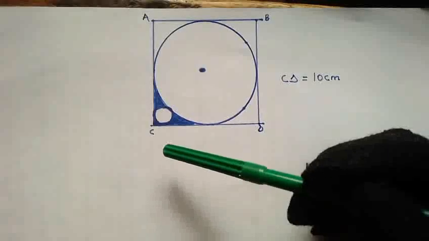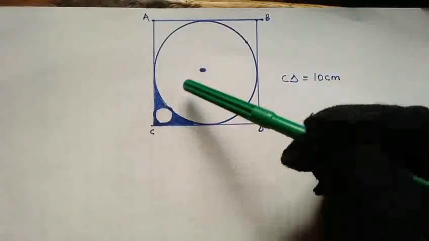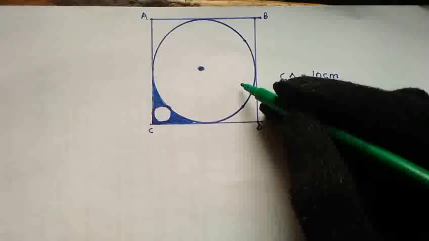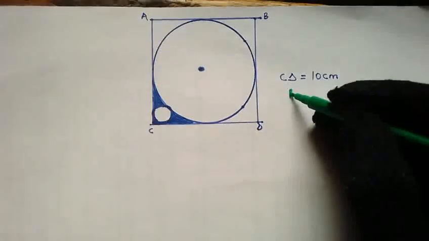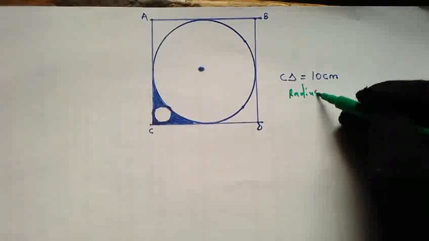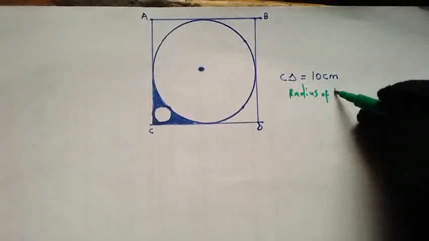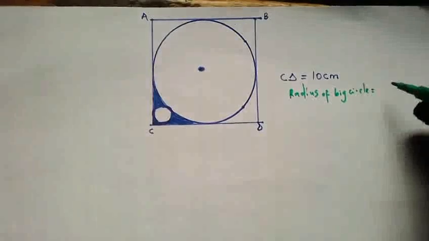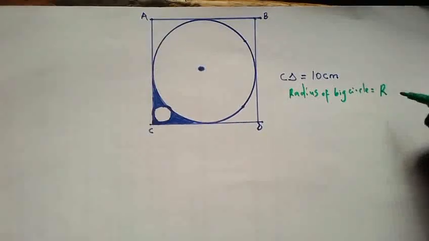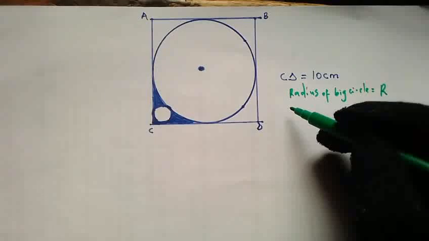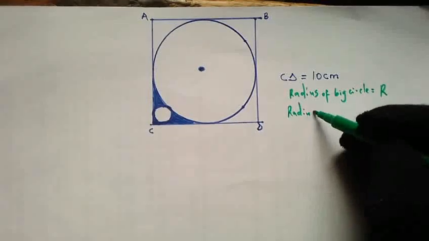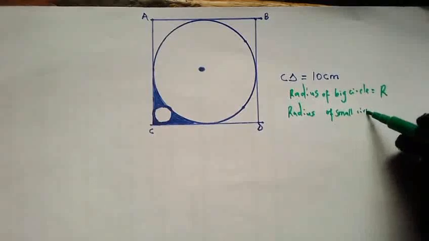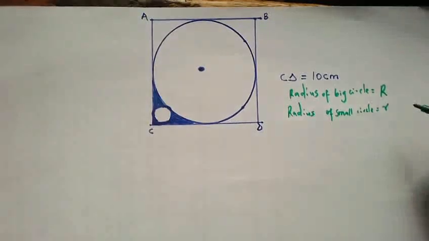Okay, now let's draw a line that will connect the small radius to the big radius. Let us denote the radius of the big circle by capital R, and the radius of the small circle is equal to small letter r.